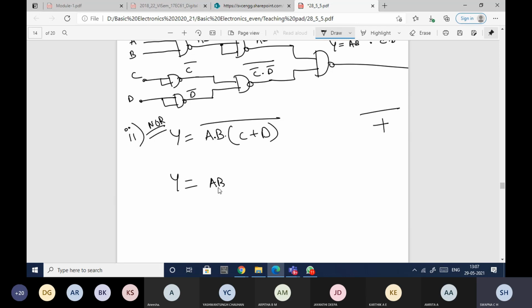AB bar I'll take as one term, dot C plus D. Since dot is there, it will turn to plus, C plus D whole bar. C plus D whole bar I can implement, but what about AB bar? I will not be able to. So I'll just expand it, so it will turn to A bar plus B bar, plus C plus D whole bar.